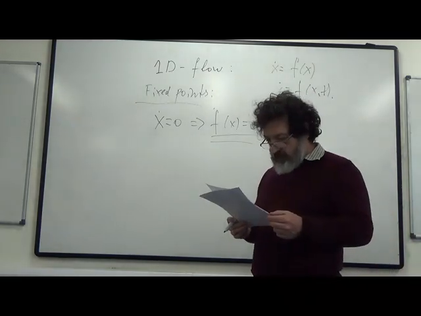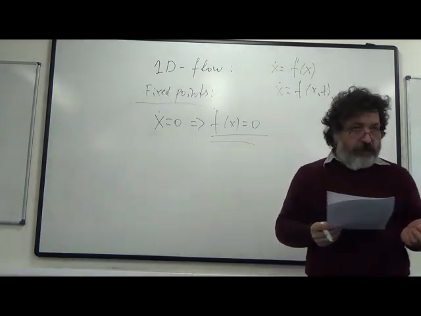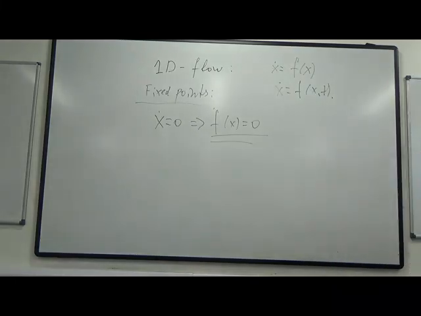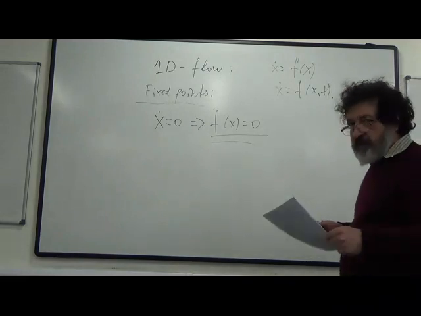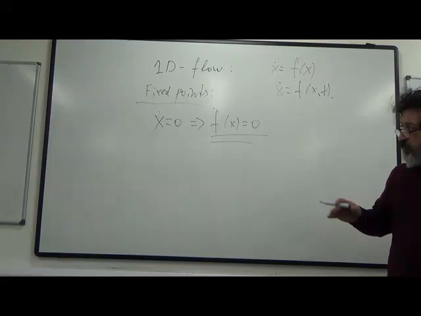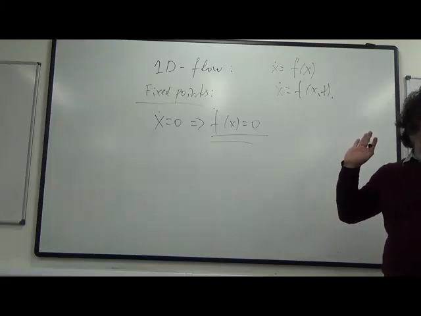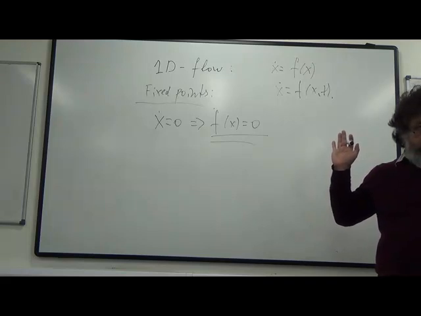And same as for maps, some fixed points are stable, some unstable. There is also Lyapunov stability, or neutral stability. So all of this applies here, all the same. You remember what stability means.